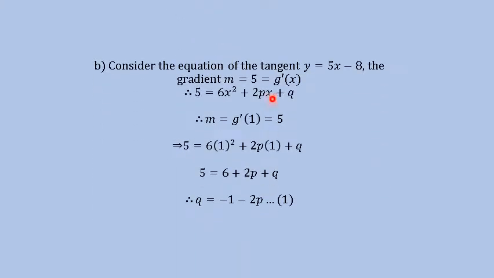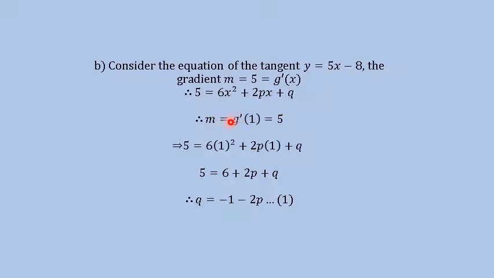Number B. Consider the equation of the tangent y equals 5x minus 8. The gradient m equals 5 equals g prime of x, because to determine the gradient we differentiate the equation of the curve. Therefore, we are going to have 5, which is the gradient, equals 6x squared plus 2px plus q.